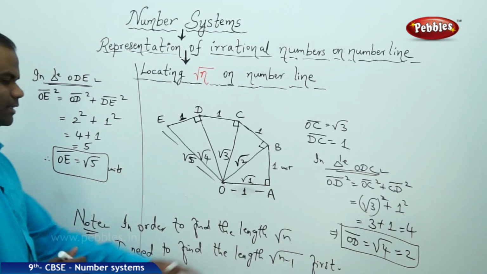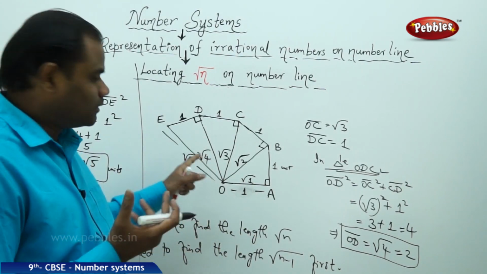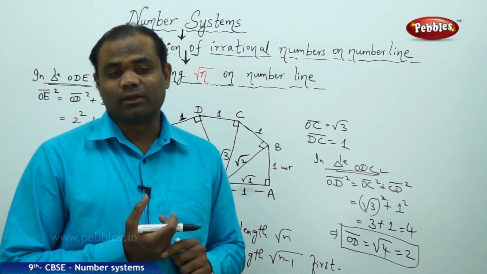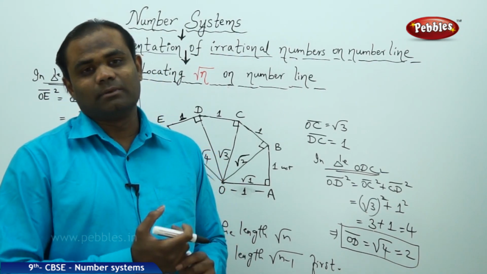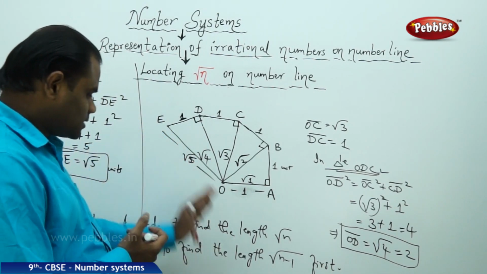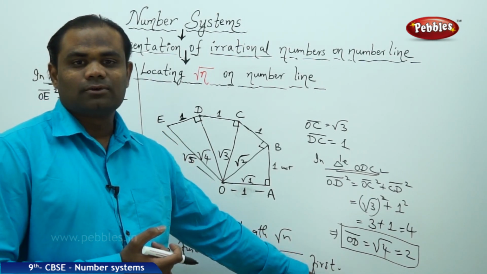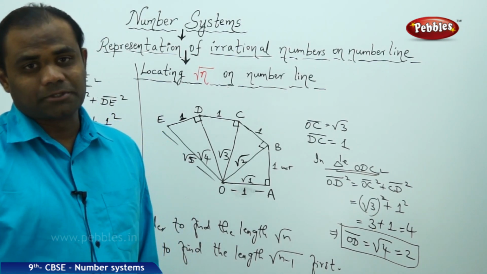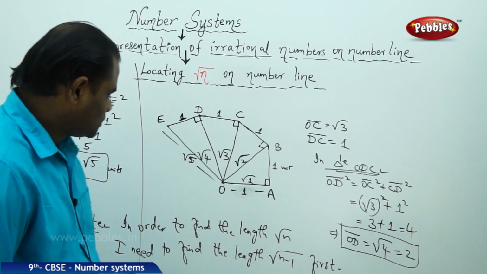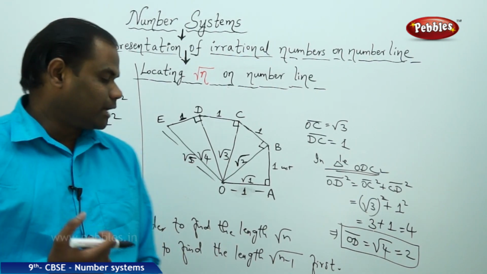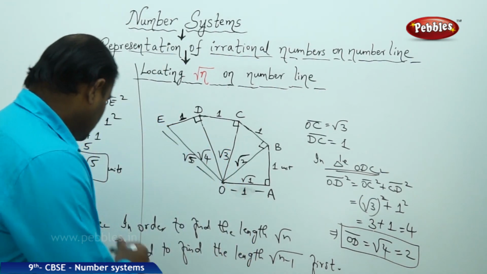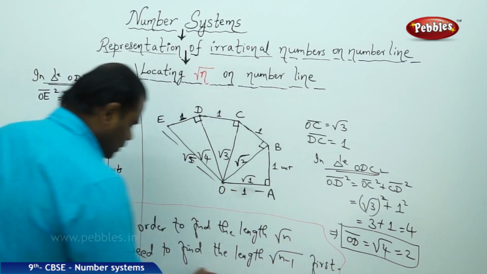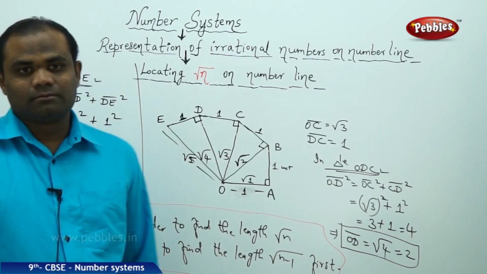So in order that I find the length root 5, I need to first find the length root 4 before I locate root 5 on the real number line. So its preceding root number should be identified before we locate the next natural number under the root. So in order to find the length root n, I need to find the length root n minus 1 first, is what I make the learning outcome in this session.